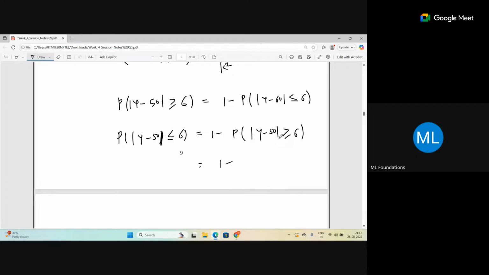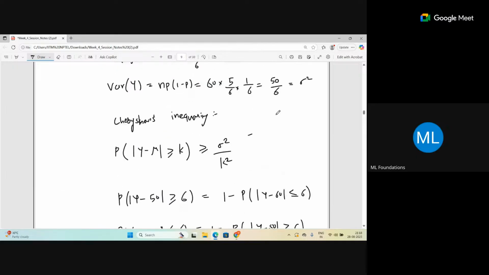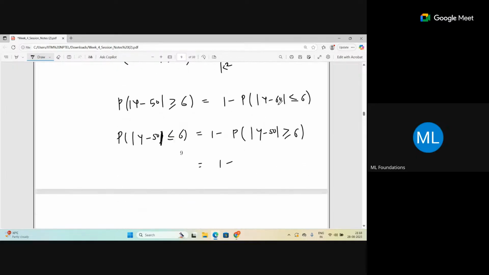And that is equal to 1 minus, what is the variance of y? We already have calculated, that is 50 by 6. So I'll write 1 minus sigma square by k square.